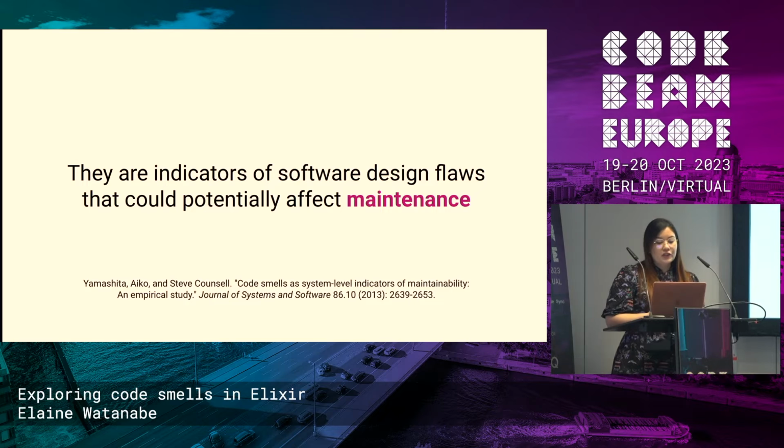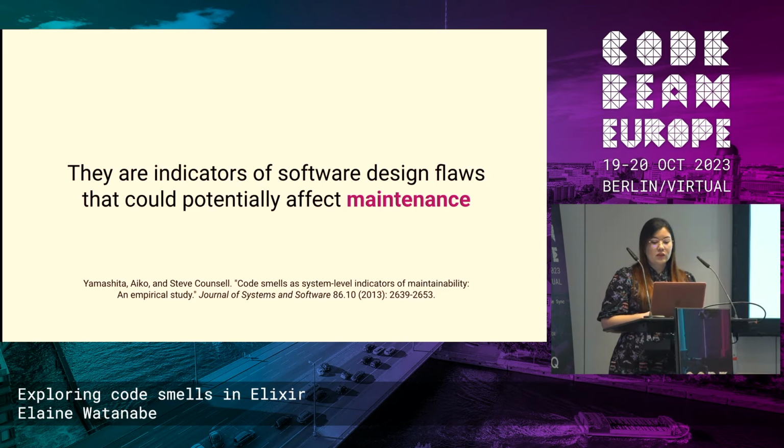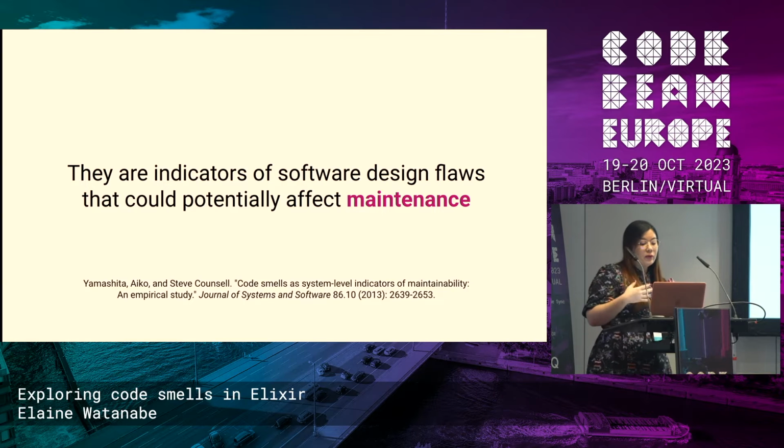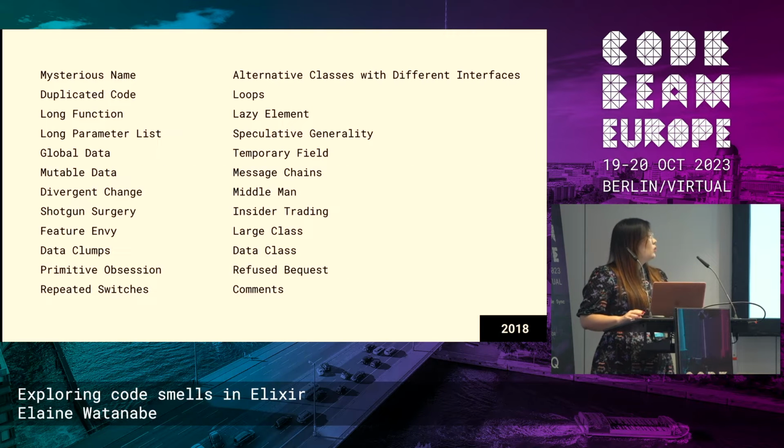They usually are indicators of software design flaws that could potentially affect software maintenance. So we are talking about the impact on software evolvability. In other words, the ability of software to undergo changes and adaptations easily and efficiently over time. Code smells have the same logic as design patterns: having a name to make everyone on the same page about that.